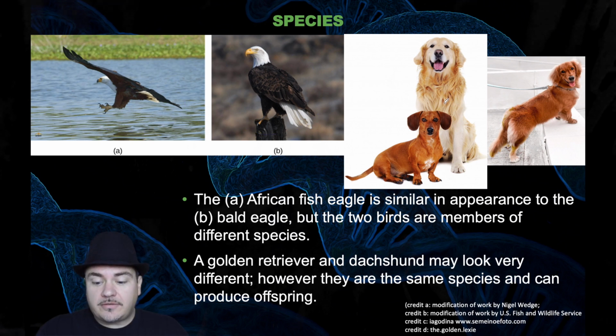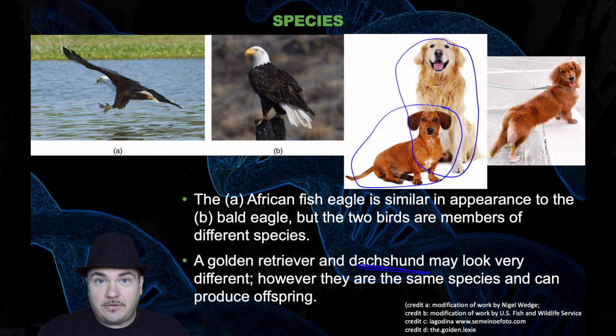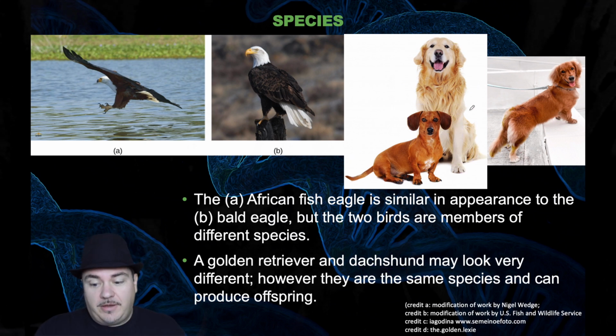In contrast, this organism here, which is a type of dog, and this organism here, another type of dog, are actually the same species. In fact, they can mate with each other and make offspring. So we can't rely upon something's appearance to determine whether or not it's the same species.